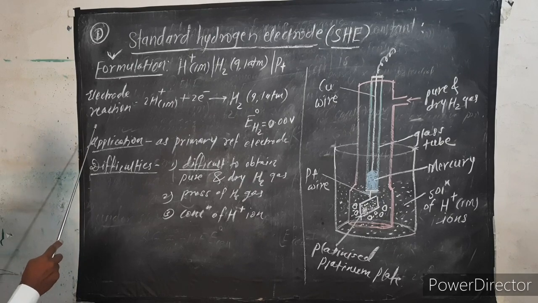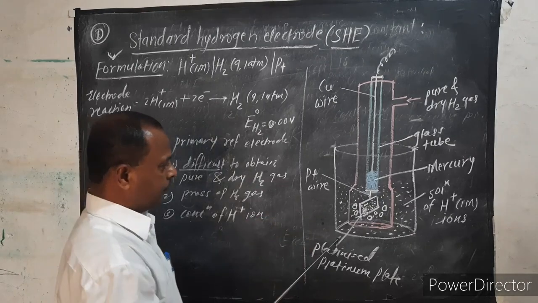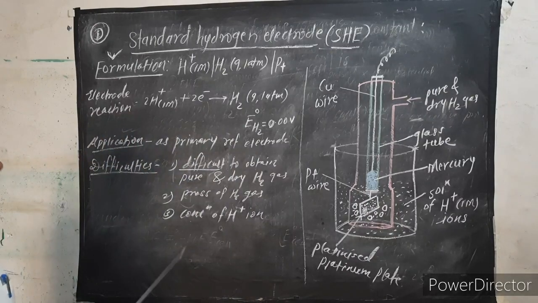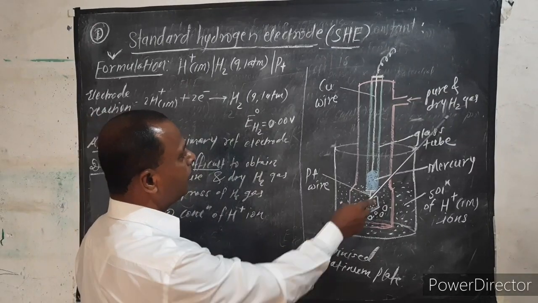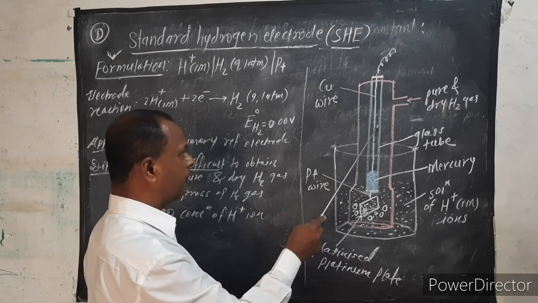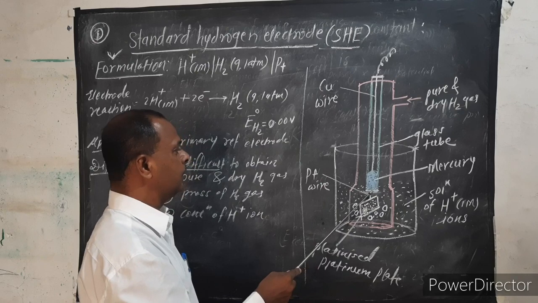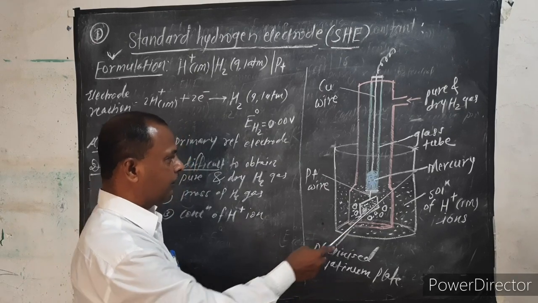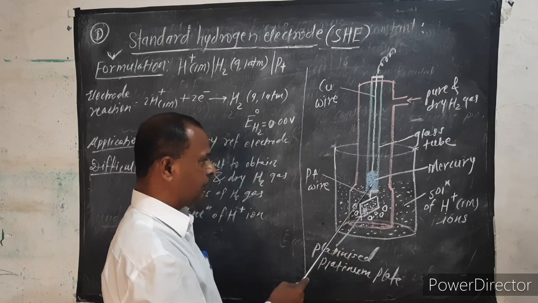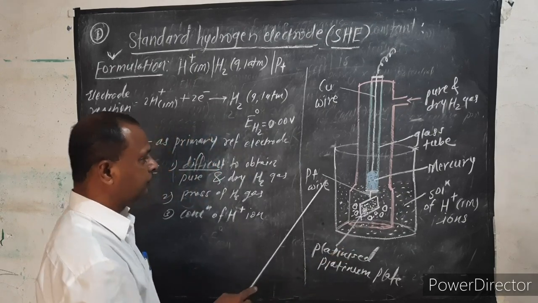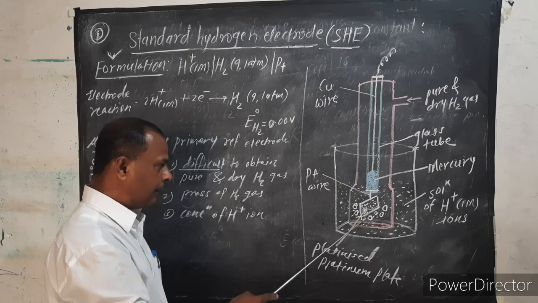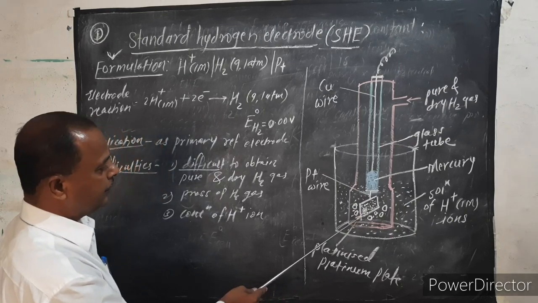Now look at this diagram. What is given in this particular diagram? The standard hydrogen electrode. This is one glass tube containing a copper wire inserted in it. At the bottom end of this copper wire, mercury is inserted for electrical contact. Then the platinum wire, and this platinized platinum plate is joined here.